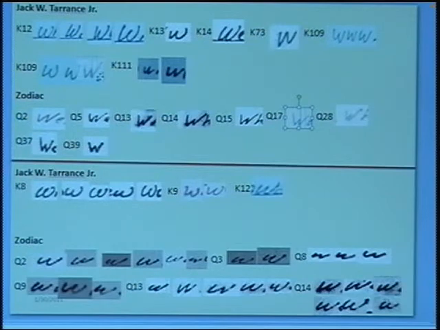The midsection's slightly smaller in the Zodiac, but from beginning to end and where the points at the bottom line up would indicate that the spacing relation between these two people was the same.